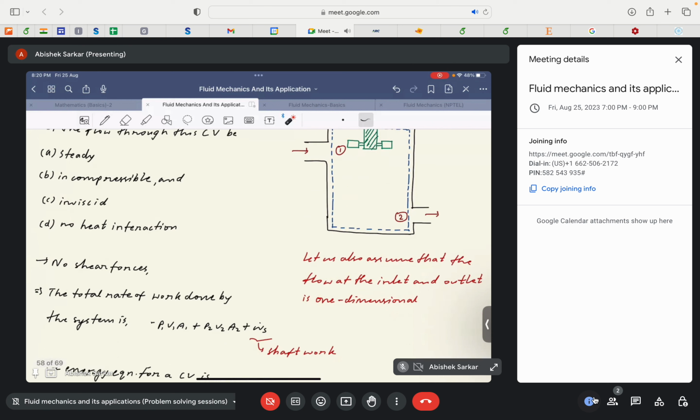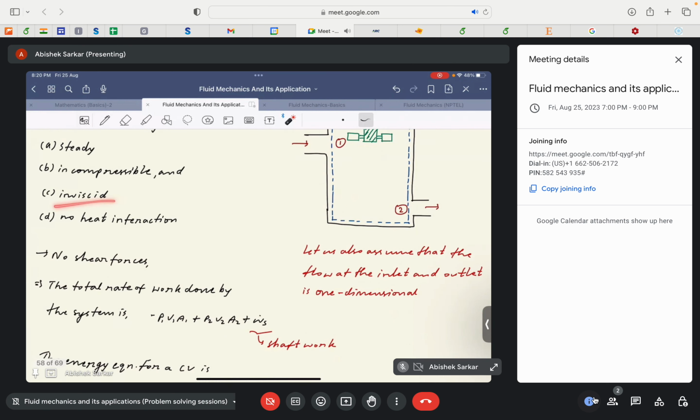Since the flow is inviscid, there are no shear forces acting. So the total rate of work done by the system is given by minus P1 V1 A1 plus P2 V2 A2 plus W dot S, which is the rate of shaft work done by the system.